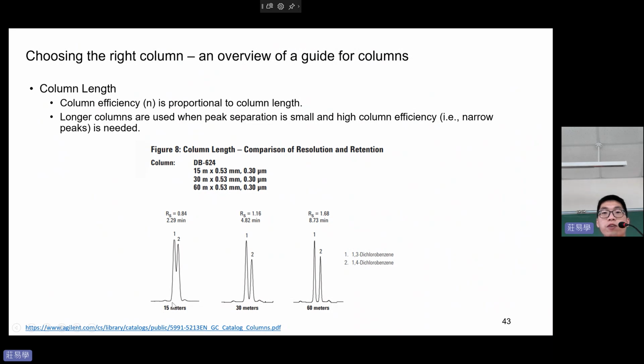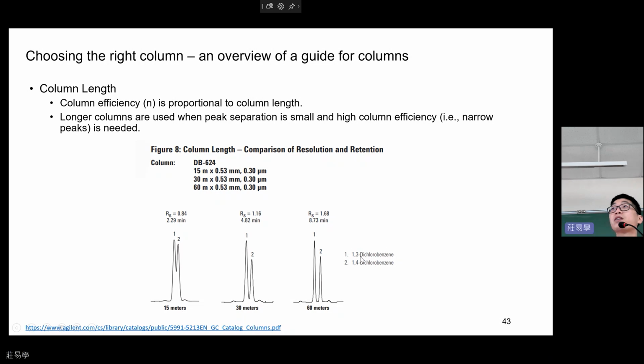If the column length is 15 meters, the R for these two compounds is going to be about 0.84. If you use a column with a length of 30 meters, you get better separation efficiency. For the same group of compounds, the R becomes 1.16. Then if you further double the column length, you get much better separation. In this case, the R becomes 1.68.